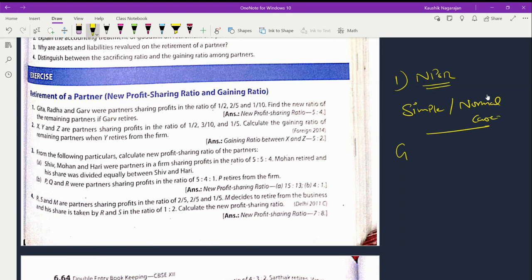I'm taking the shortcuts of them: Geeta, then Radha, and Gar. Now the old PSR is given as 1 by 2, 2 by 5, and 1 by 10. Among these partners, who is retiring from the firm, it was said Gar is retiring.